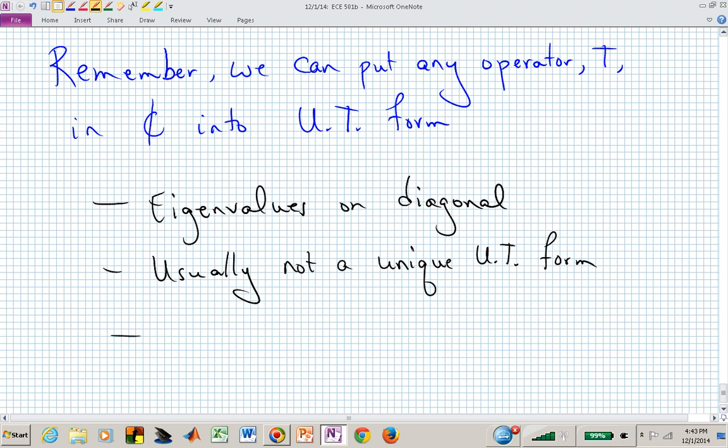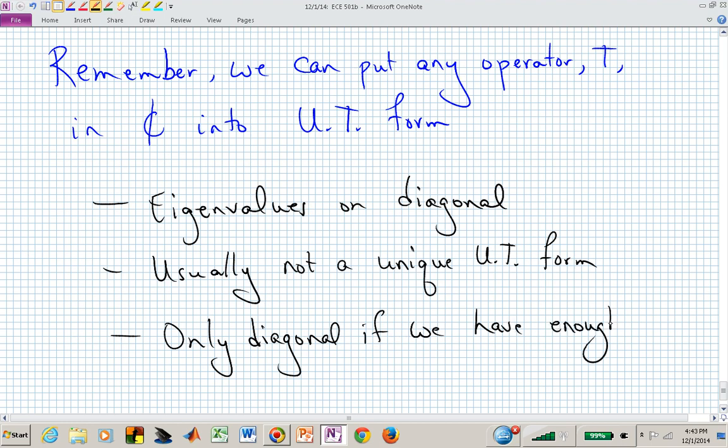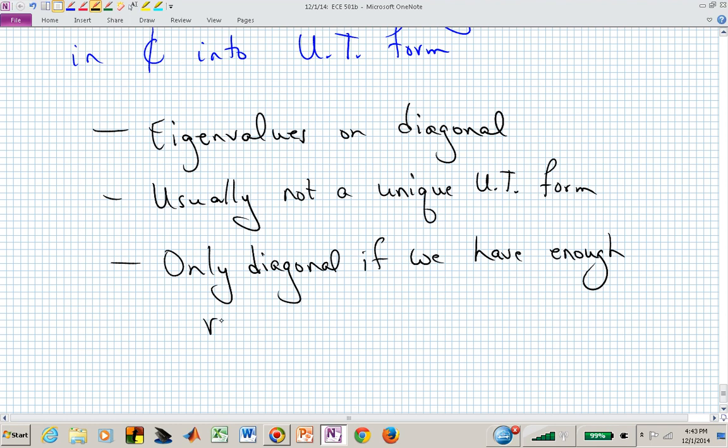And we can't get rid of what's off the diagonal if we don't have enough eigenvectors associated with each of those eigenvalues. Meaning it's only diagonal, or can be put in a diagonal form, if we have enough regular eigenvectors, where regular now is not generalized.